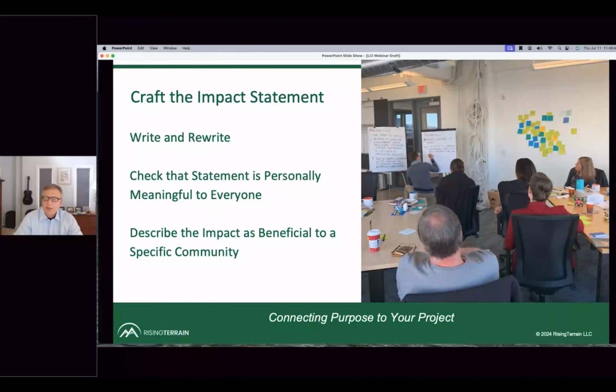Ideally, you've come off this conversation about thinking about your strengths, thinking about what's important to you. And part of the statement is going to describe the impact that is beneficial to a specific community. So again, you're tapping into that part of really our brains, and there's a lot of research that supports this.